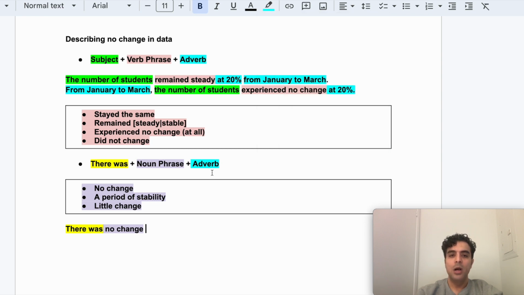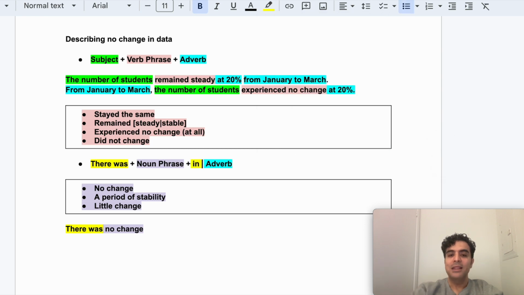So there was no change. And then I have to mention what? I forgot to mention this here. You see, when you say there was noun phrase, and then you're going to say in, just like the previous structure that we had. So this is fixed. This is going to be yellow.